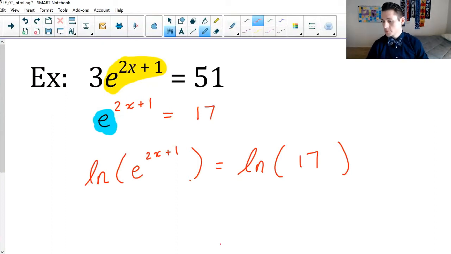Question. If you write log base e, is it wrong? Yes. I understand what you mean, but no one anywhere ever in the world writes log base e.